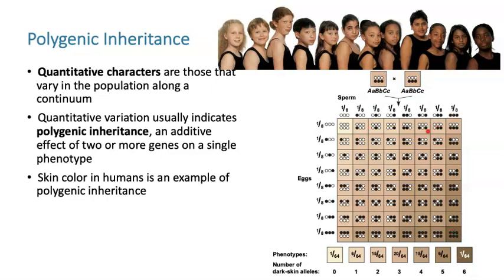And most of their children are going to be somewhere in the middle, but look at the possible combinations that you have for a child that's born with a skin color somewhere in the middle. That's why you get all these amazing shades of skin color in humans, because it's not one gene that codes for skin color, it's many genes, and they all affect the same trait of skin color. Polygenic, quantitative characteristics.